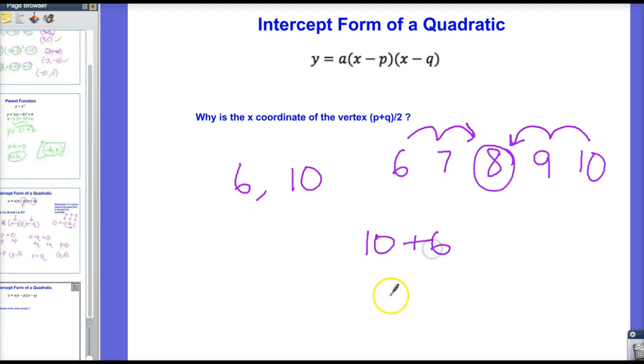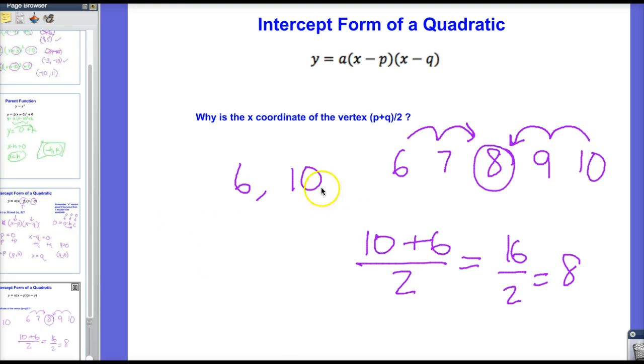Let's take the average. That's what we're really doing here. It's not necessarily a formula, p plus q divided by 2. We're just taking the average. 16 divided by 2 is 8. That's how you can find the center of a group of numbers. If you just have 2, you take the average. Probably not so useful for 6 and 10 because you can do that in your head pretty quickly. But if we had something like 102 plus 234, we'd get 336.